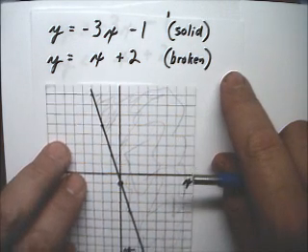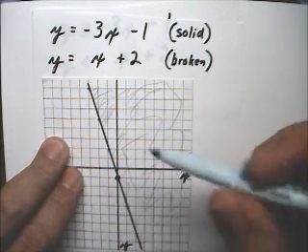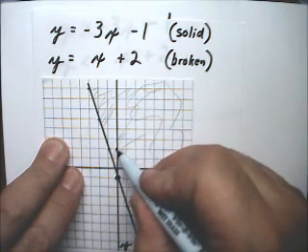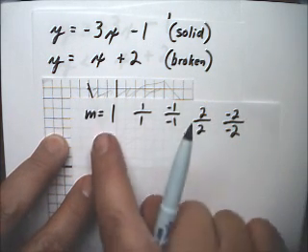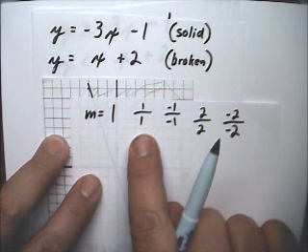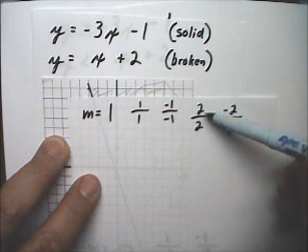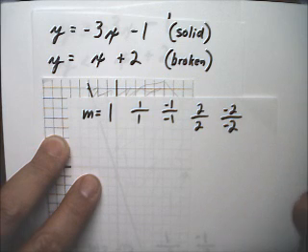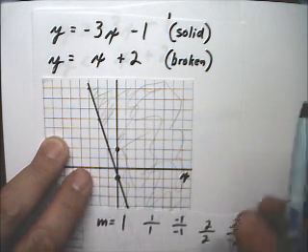And let's get this line graphed, and I'll do it the same way. We'll use an intercept of positive 2, and the slope is 1. If the slope is 1, I can use 1 on top of 1 or negative 1 on top of negative 1. And in this case, I think 2 on top of 2 or negative 2 on top of negative 2 would be a good choice.